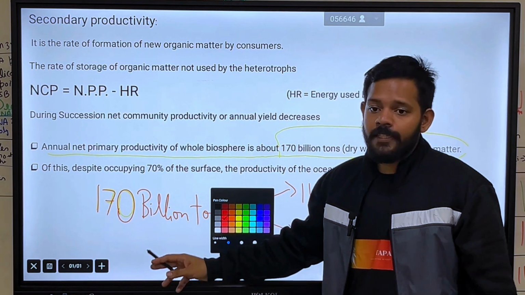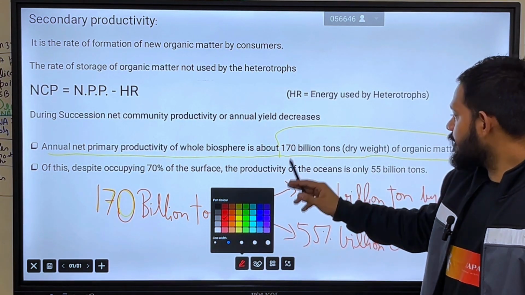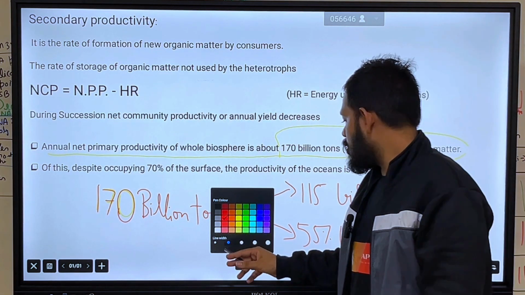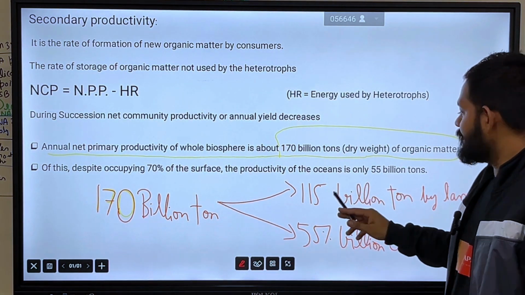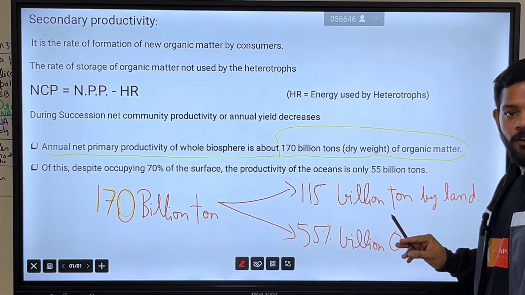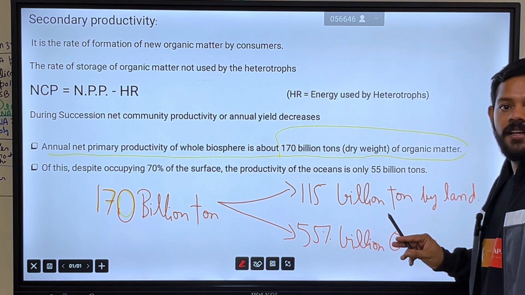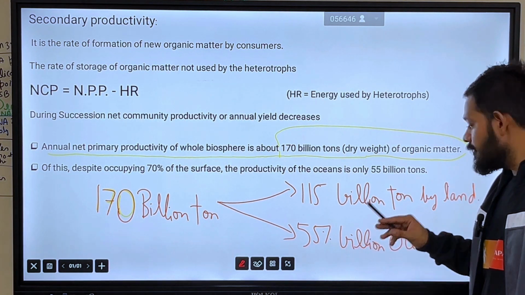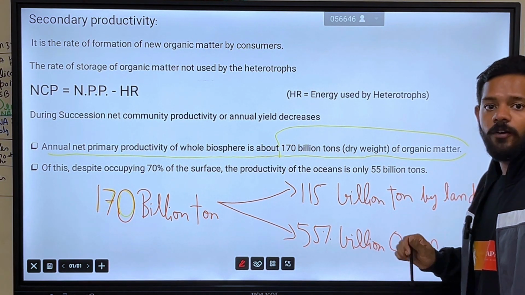So 170 billion tons is the productivity of the biosphere of Earth. Out of that, 115 billion tons is produced on land, meaning forests, grasslands, deserts, and tundra regions, while the remaining 55 billion tons is produced by the ocean.